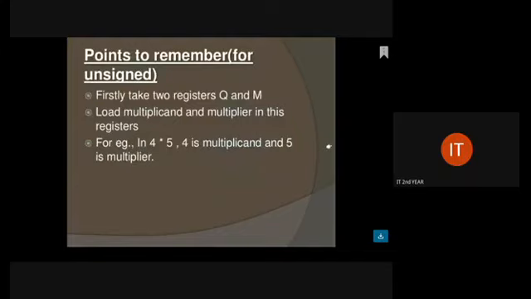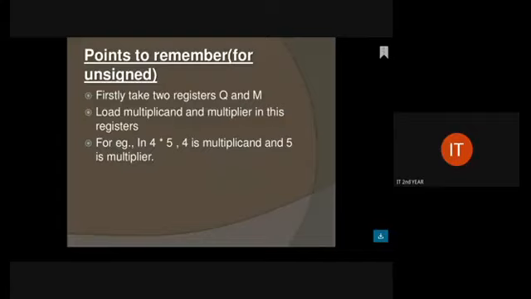The following points are to be remembered while doing signed or unsigned multiplication. Firstly, we shall see unsigned multiplication by using Booth. Firstly, we have to take two registers. Registers, we already know, are small storage devices that can store 1 bit of data at a time.